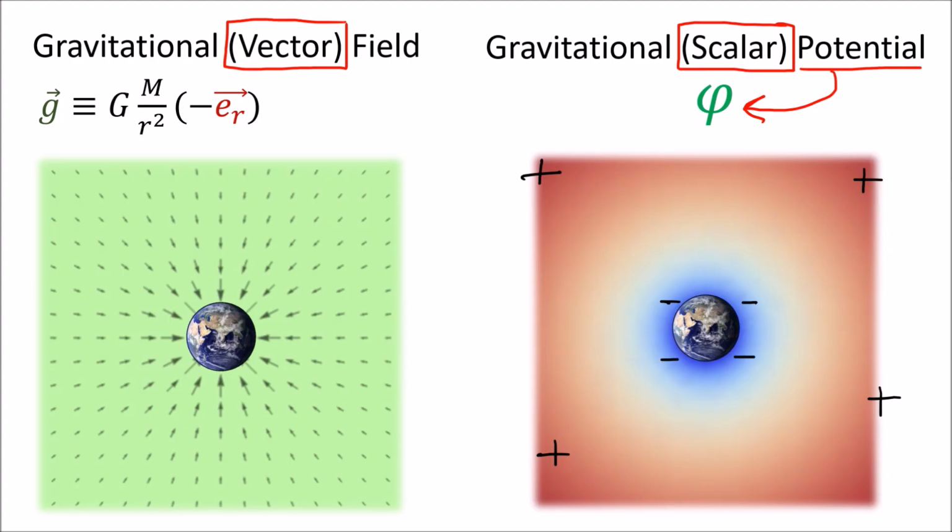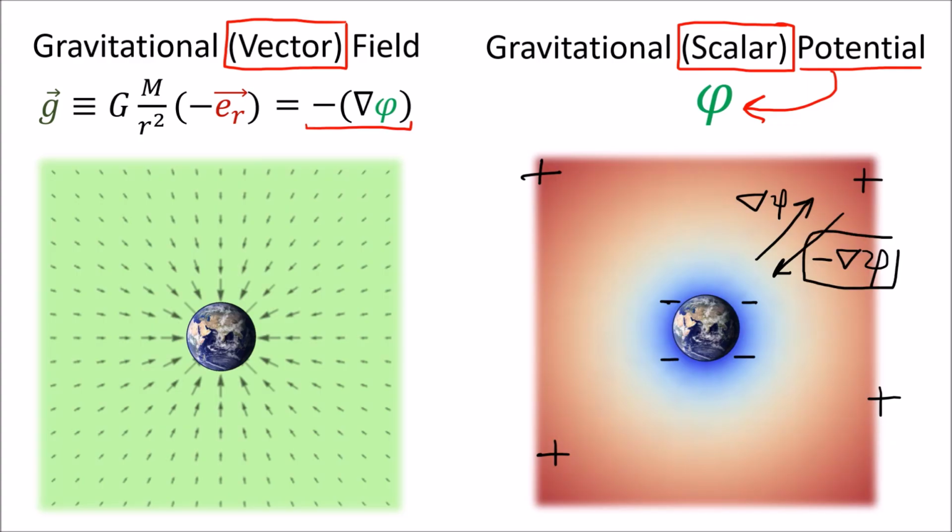The gravitational field is just the negative gradient of the gravitational potential. The gradient normally gives us vectors that point to the highest scalar values, but the negative gradient gives us vectors that point to the lowest scalar values instead. And this is what we want for the gravitational field, where the field vectors point to the lowest gravitational potential.